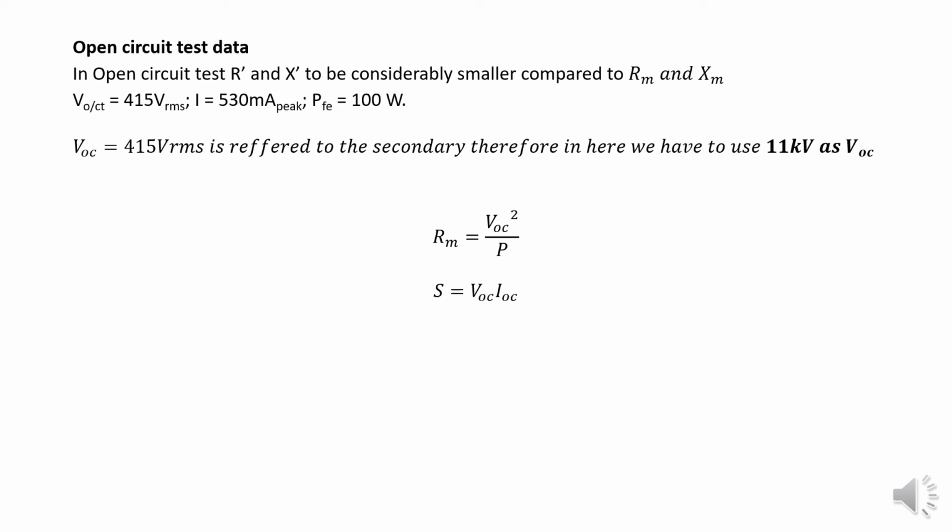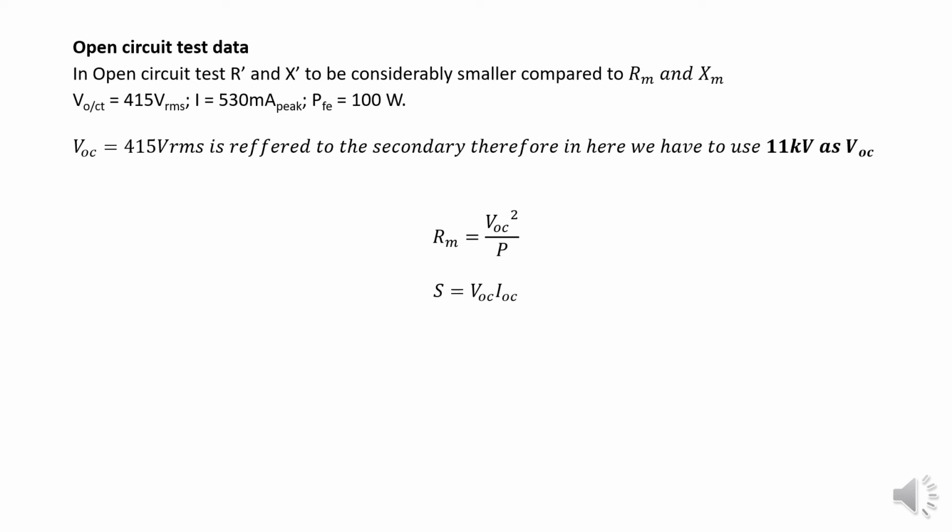In order to do that, we have to find S, because Q we can find using S and P. So S is equal to open circuit voltage multiplied by open circuit current. So in here, for both equations, VOC is equal to 11 kilovolts, and IOC is equal to 530 milliamperes divided by root 2, because IOC is peak here.